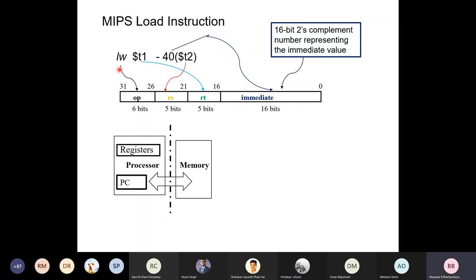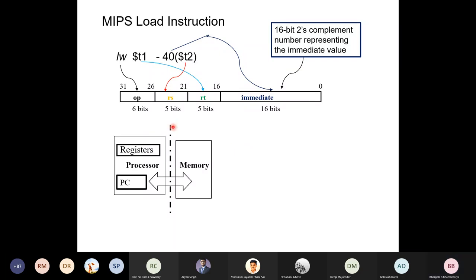Okay. So here, first of all, the address of this instruction has to be loaded into the PC. That address has to be passed here. How many bits do you pass to memory for the address? For MIPS, 32 bits.